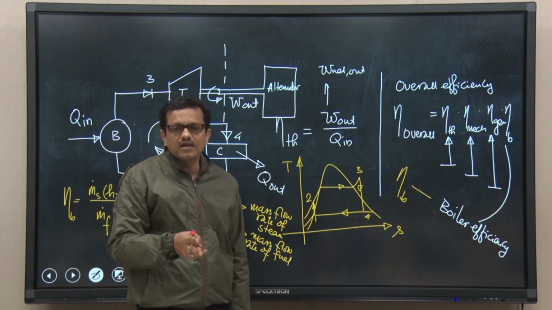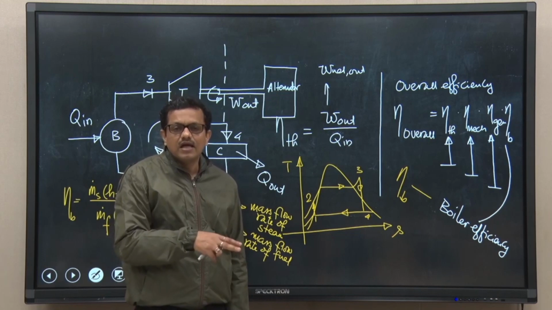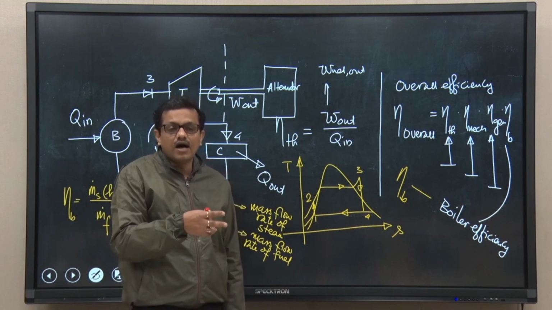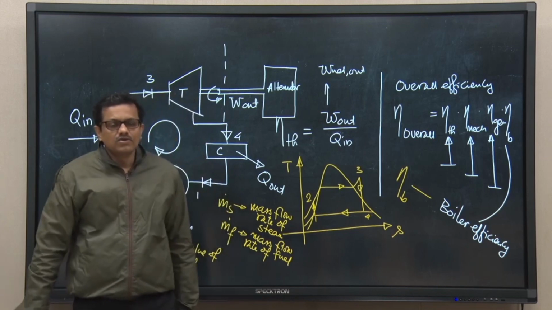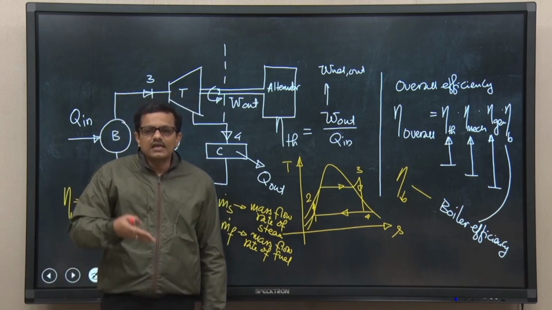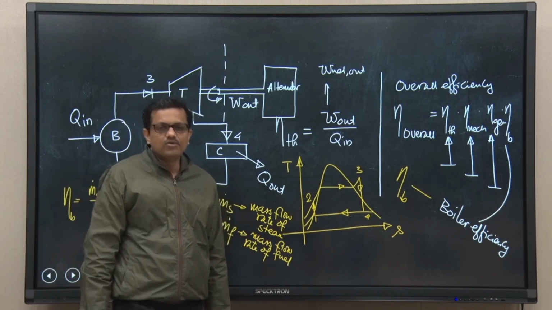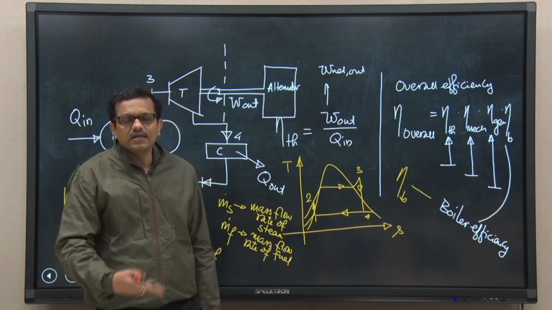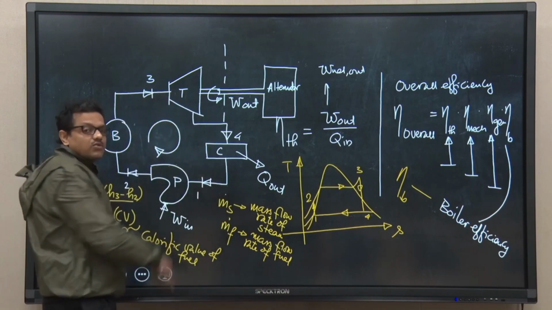These two streams flow through the boiler, exchange heat among themselves, and we get steam from the water.